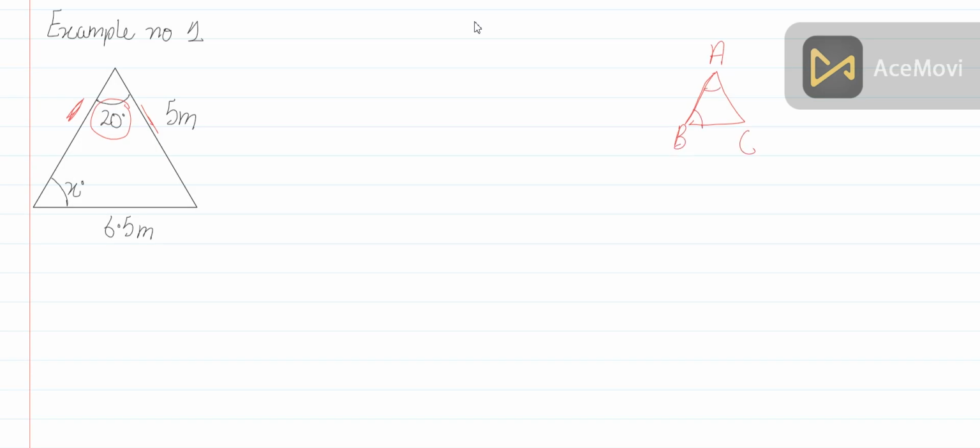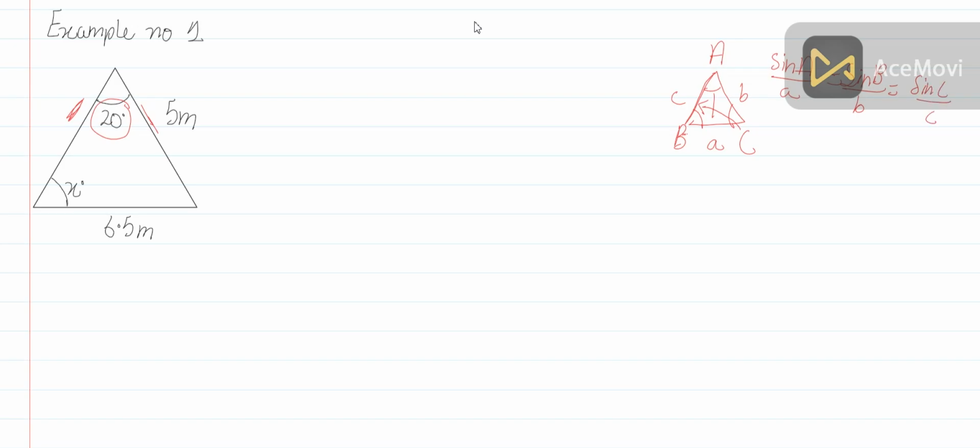So angle A means sine A, and the opposite side of this angle is always small a, the opposite of angle B is always small b, and the opposite of this angle is always small c. So this is how you have to write: sine A upon a, sine B upon b, and sine C upon c.